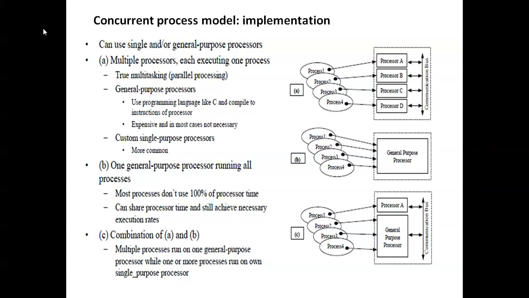One is multiple processors, each executing one process, so A, B, C, D. These are the multiple processors, and each will execute one process. Two, multitasking and parallel processing.